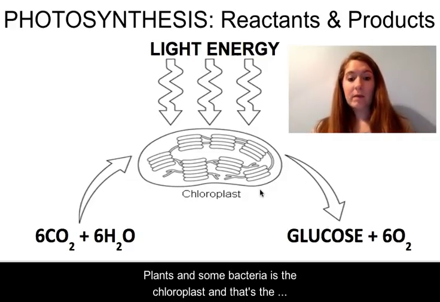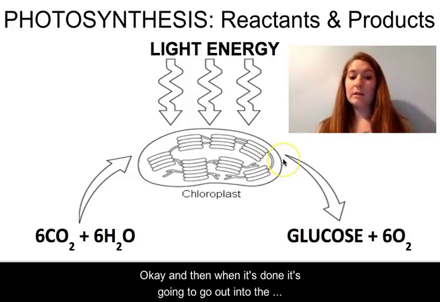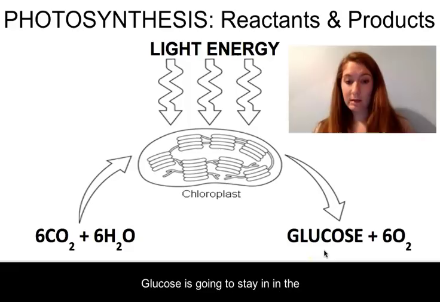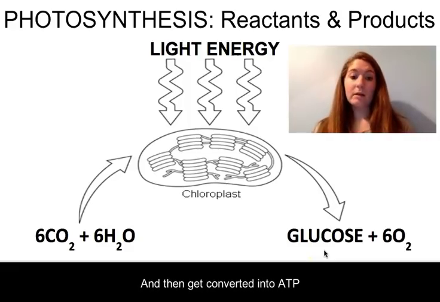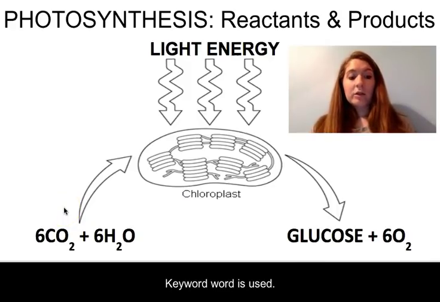In plants and some bacteria, that is the chloroplast, the green organelle inside a plant cell. When it's done, oxygen goes out into the atmosphere, but glucose stays in the cell and then gets converted into ATP for the cell to use. Your fifth keyword is used.